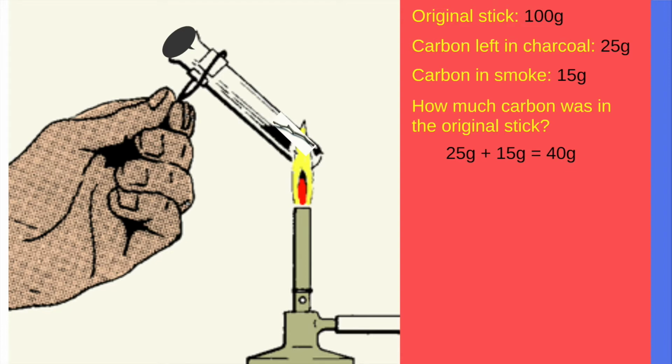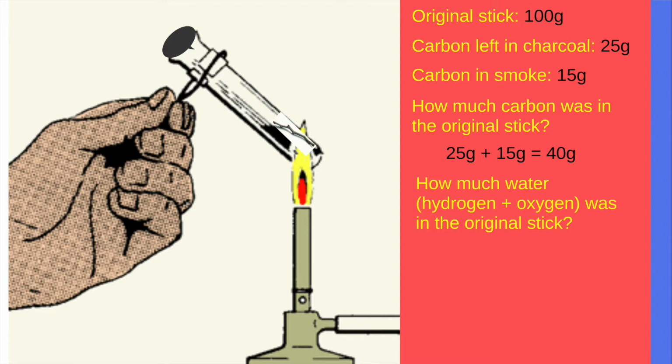That leaves the other elements, and we know that wood is made up of carbon, hydrogen, and oxygen. And it turns out that the hydrogen and the oxygen pair up in the same ratio as they do in water, or 2 to 1. So we can ask how much water was in the original stick. Well, if we had 100 grams to begin with, and 40 of it was carbon, that leaves 60 grams of water.